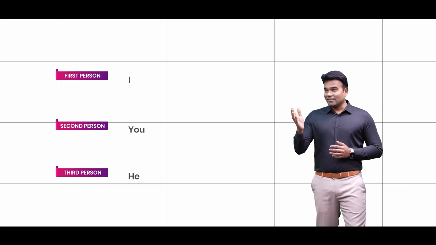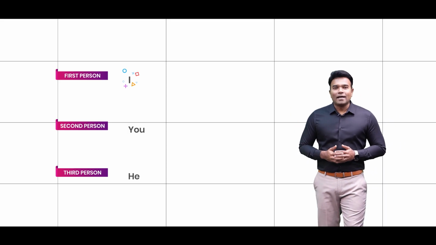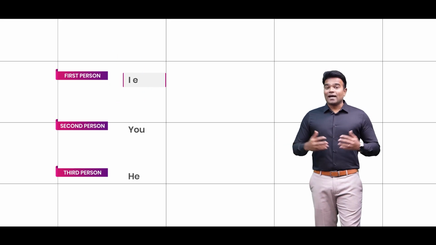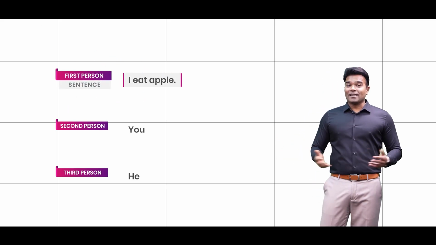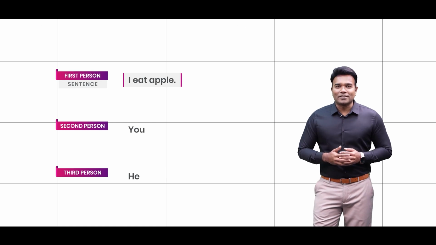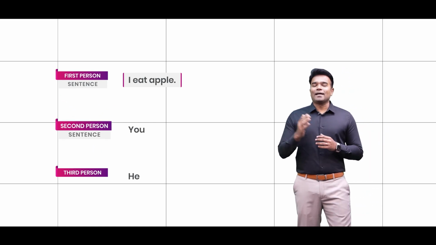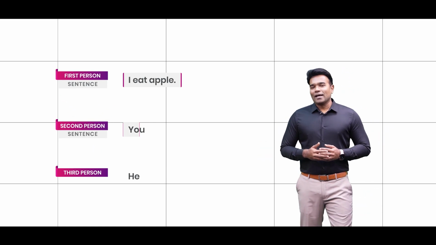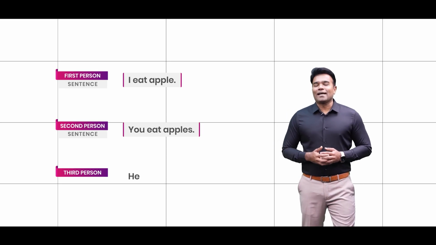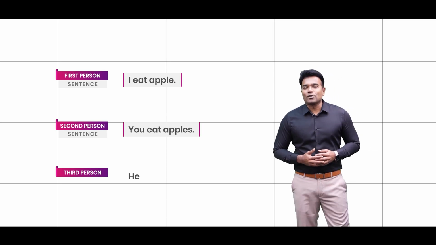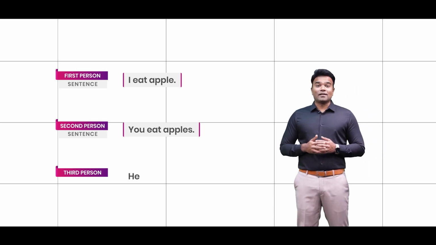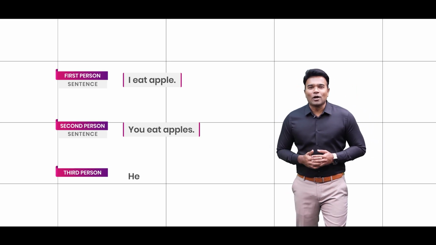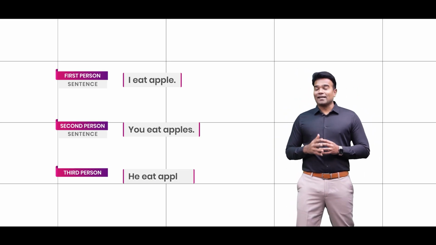That is because now I will use I and have this sentence: I eat apples. Well, this is a first person sentence, and just in case you have to express this in the second person, then I am sure that you would say it as you eat apples. Yes, this sentence is in the second person, but if you have to express it in the third person, then you cannot say he eat apples.